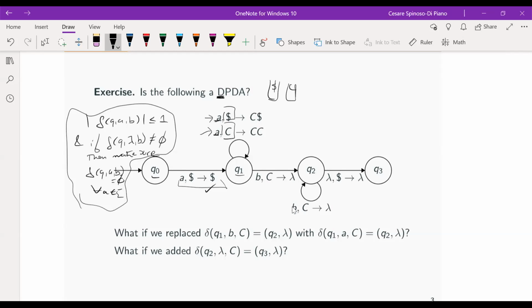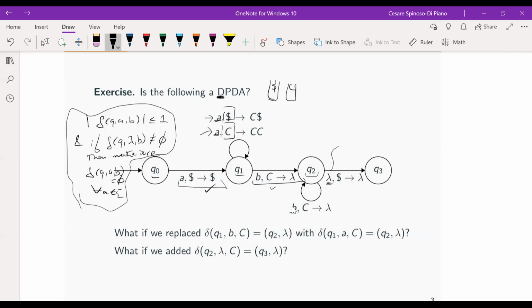And then again, if you're in Q1 and you read a B, there's no other transition for B, right? So you can just say, well, this is okay, and you can go to Q2. Now you're in Q2. What are the transitions that come out of Q2? There's the one where you read a B, and there's one where you read a lambda. Remember, if there's a lambda here, then you have to be extra careful.